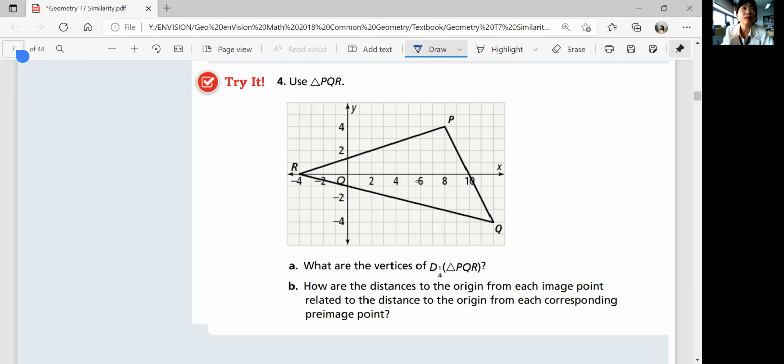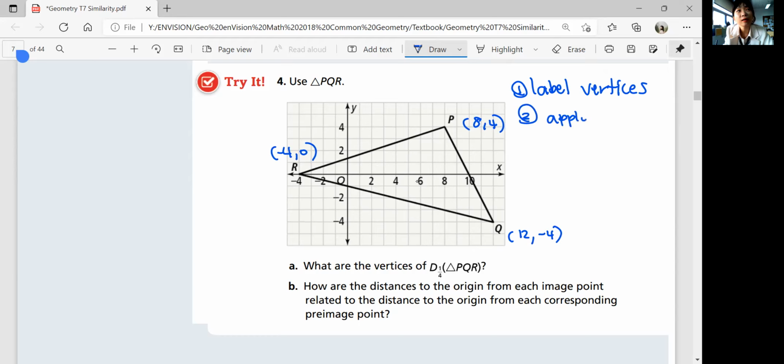Okay, so first step, you're gonna label the vertices. So P is going to be 8, 4. Q is 12, -4. And R is -4, 0. Step 2, apply the scale factor.